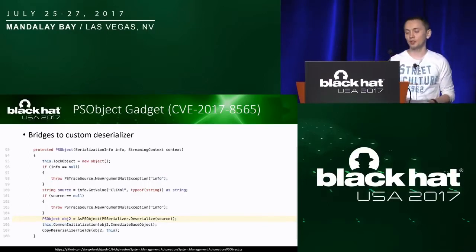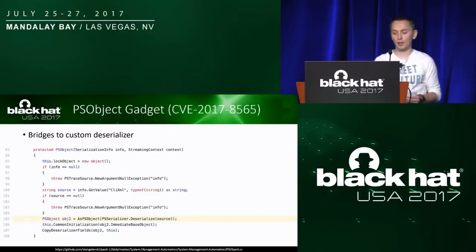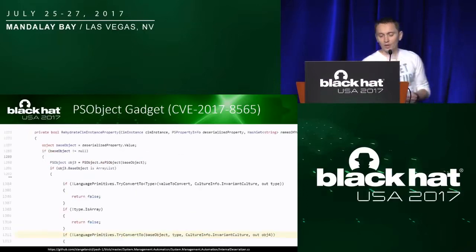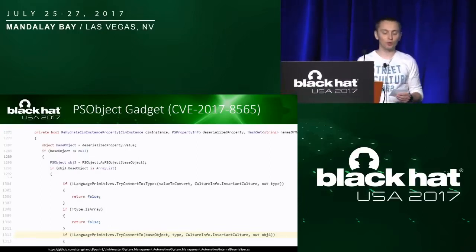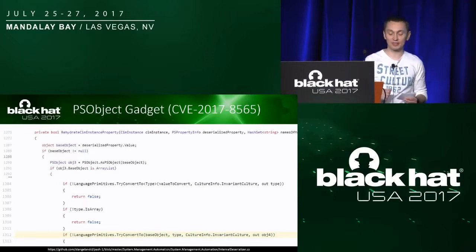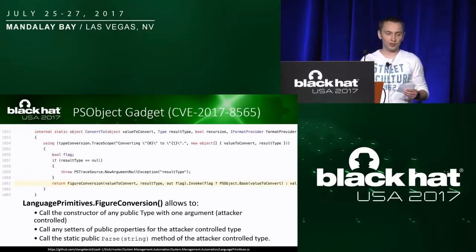PSObject uses a custom deserializer, and in case of CimInstance, it will call the CimInstance deserialization method. Here we can see that the attacker is able to specify their own type as the element type of an array, and the serializer will try to deconstruct an object of this type. For finding the proper way to do this, it will use a figure conversion method.